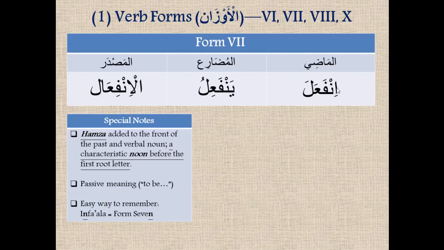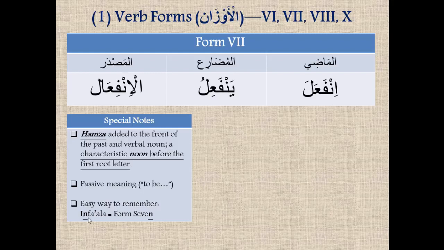So we have a hamzatul wasl, infa'ala, infi'al. And also we've added a characteristic noon before the first root letter. So in all three cases, in the madi, the mudari, and the masdar, we have a noon. Infa'ala, yanfa'ilu, al-infi'al.